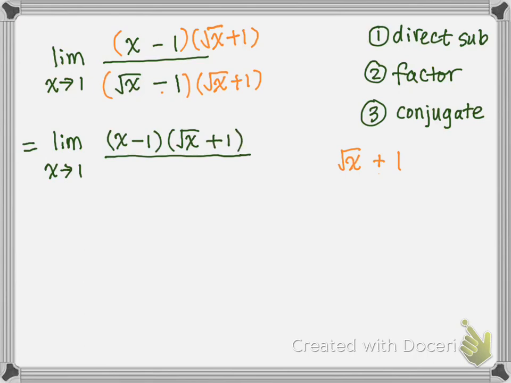The term in the bottom is square root of x minus 1 and square root of x plus 1. For the conjugate method, we're really taking advantage of the difference of squares formula. When you have a minus b times a plus b, you get a squared minus b squared. So you respect the order. So it's a squared, square root of x.